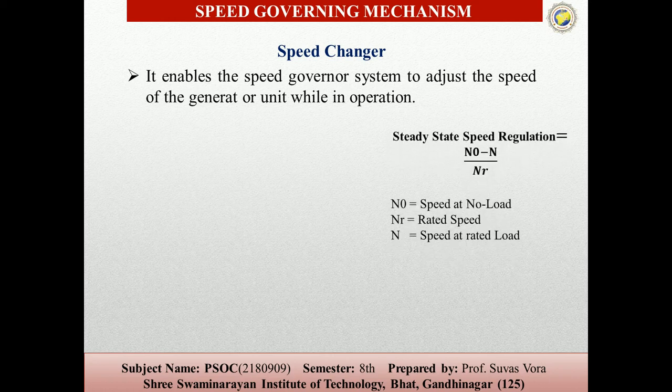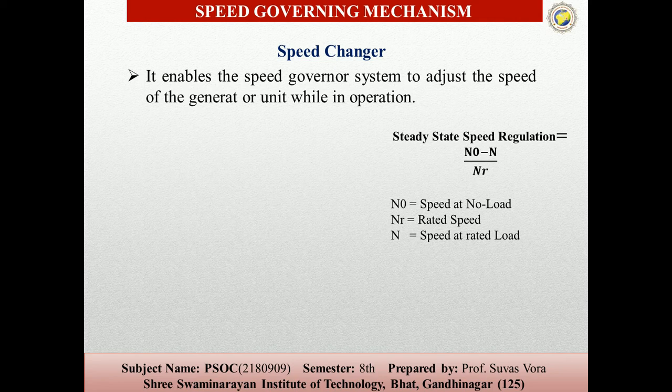So the steady state speed regulation is, you can see the figures, the equation (n0 minus n) upon nr, where n0 means the speed at no load, nr means the rated speed, and n is the speed at the rated load. So how is it possible?